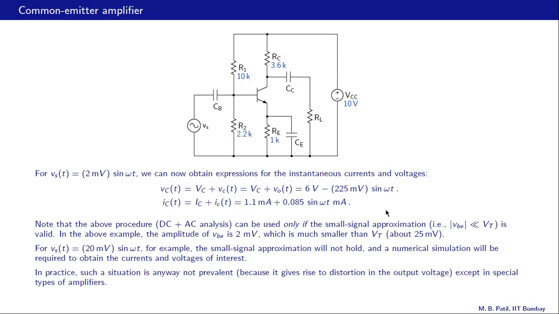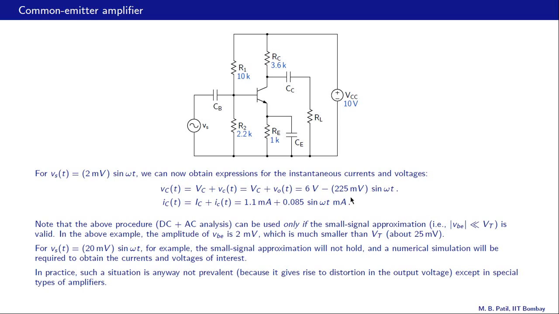We will now look at some simulation results to check whether these waveforms are indeed what we expect them to be. So let's quickly go through these equations. Vc of t should have a DC value of 6 volts, and it should go around that 6 volts with an amplitude of 225 millivolts, which means a peak to peak voltage of 225 times 2, that is 450 millivolts or 0.45 volts.